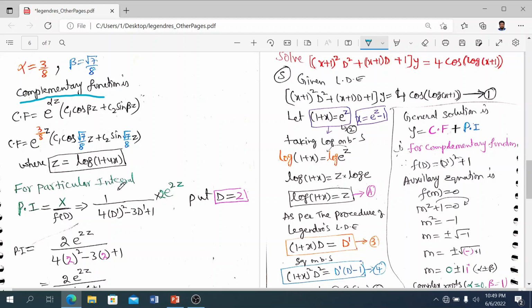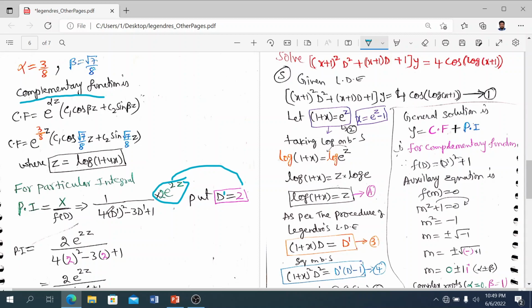Now the particular integral. We know that PI formula is X by f of D. X means e power of 2z, 1 by f of D, this one. Since e power of 2z, substitute D' value is 2.